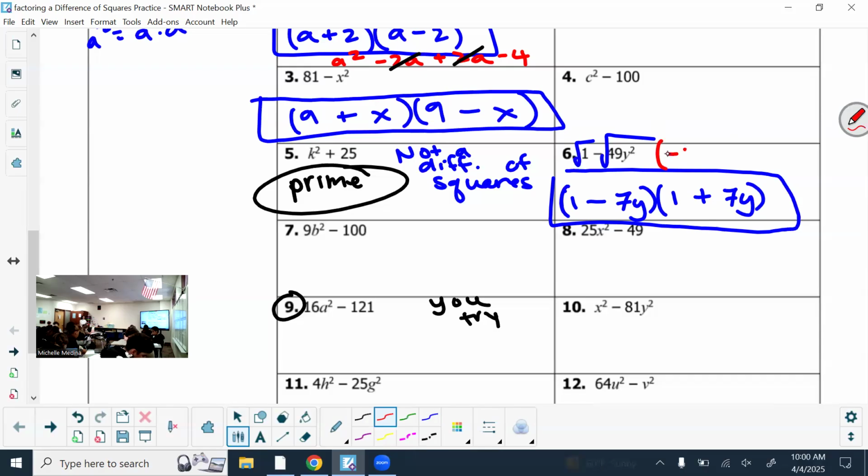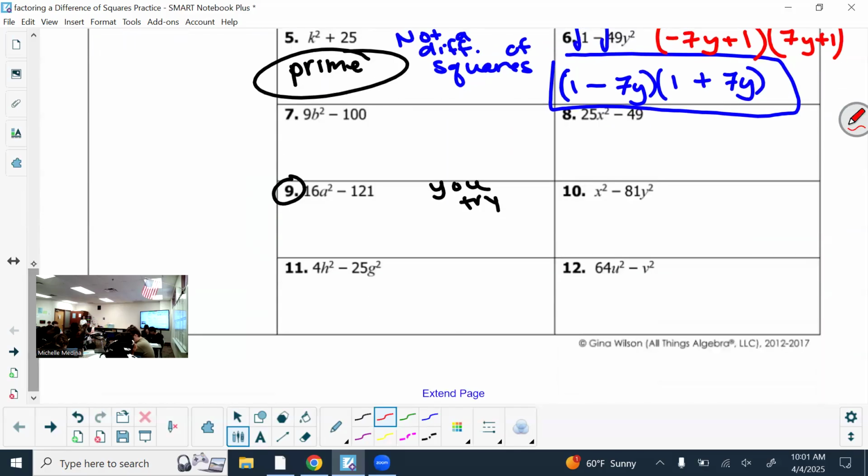If you do that, you cannot change the signs of any of the numbers. So this is still a negative, the 1 is still a positive. This over here is a positive 7y, the 1 is still positive. But I just don't see why anyone would want to do that. So just leave it in order. Questions on that?